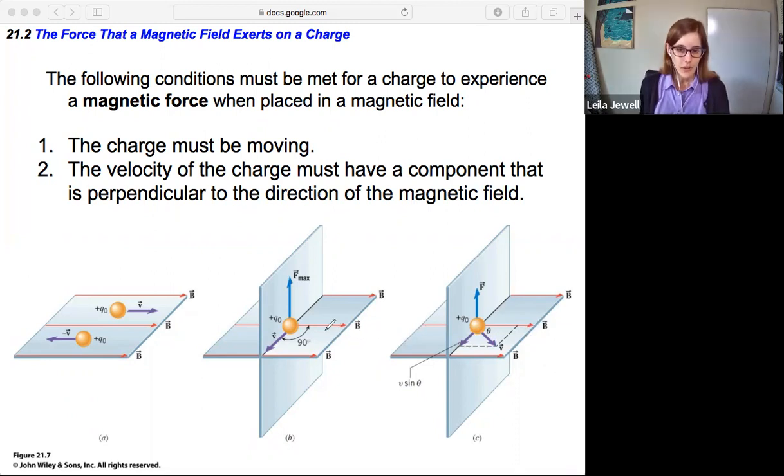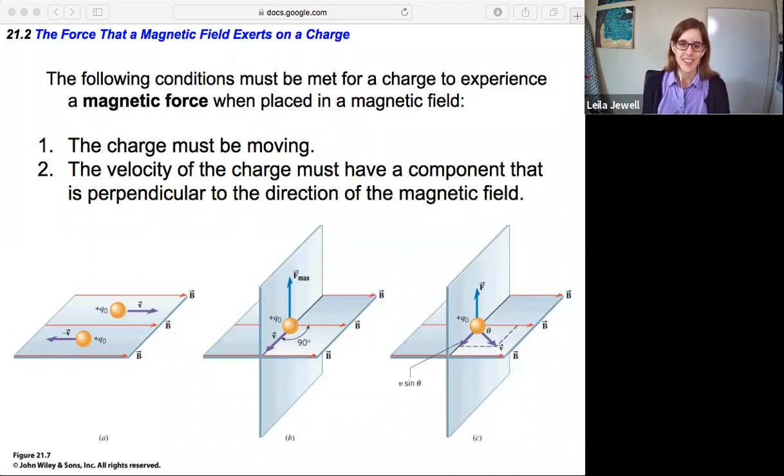But how do we figure out the direction of this force? The picture shows the force going up here, but that's not in the direction of the magnetic field or in the velocity of the charge. So where does that come from? Some of you might have an idea, maybe. If not, that's okay. We're about to cover it.